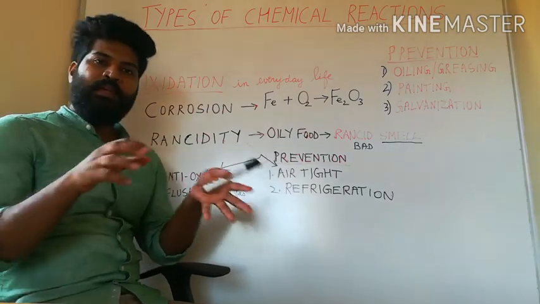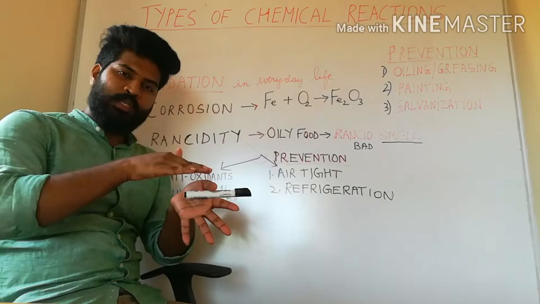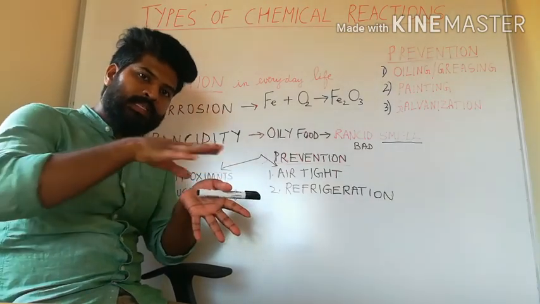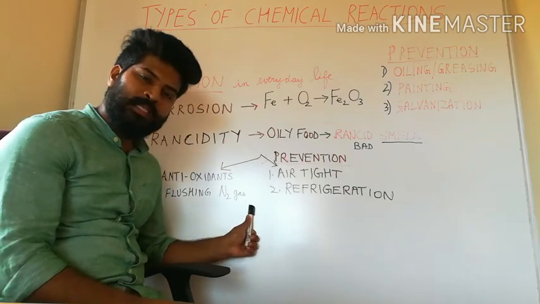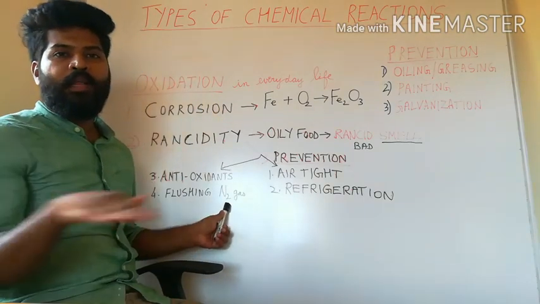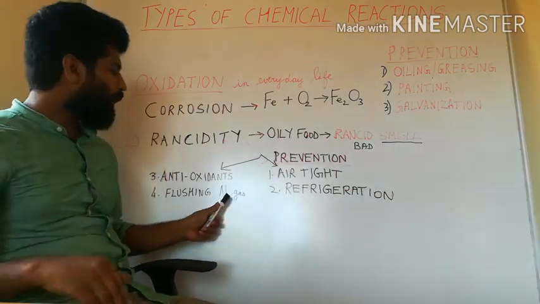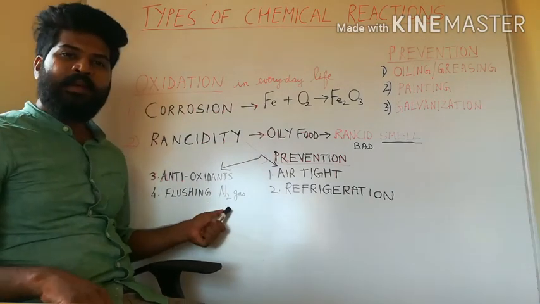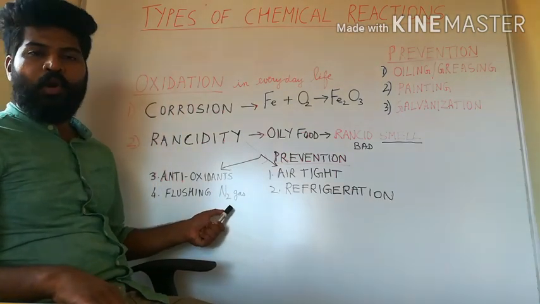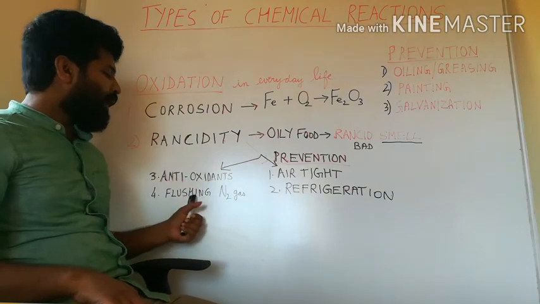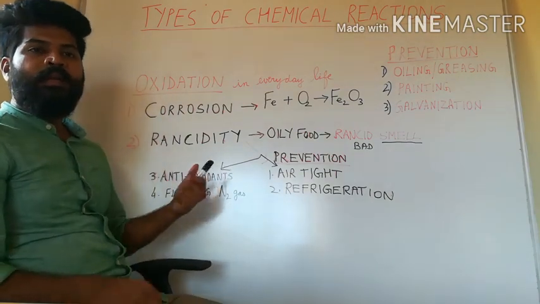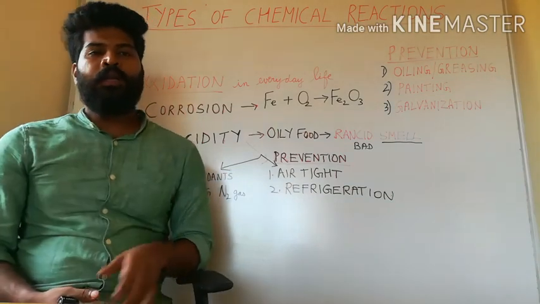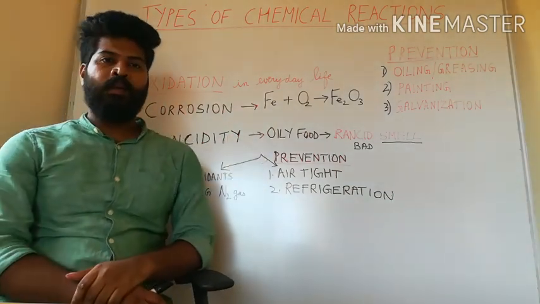So during the manufacturing process, they flush it with nitrogen so that all the air inside comes out and is replaced with nitrogen gas, therefore cutting off any oxidation. Not only that, nitrogen is the least reactive gas, so it will not cause any adverse reactions with the food itself, therefore preventing rancidity. So that is about corrosion and rancidity.